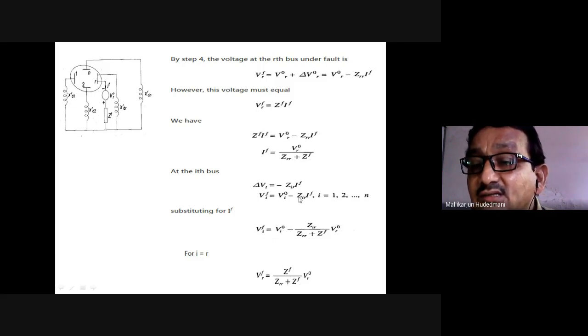Substituting IF, we got already that when there occurs a fault on the rth bus, the fault current IF is given by VR0 divided by ZRR plus ZF in the denominator. This value stands as the current magnitude, which I replace in this position of IF. Therefore, I will get VIF, the voltage at the ith bus after the occurrence of fault, equal to the voltage at that bus initially minus ZIR into the whole term V0R divided by ZRR plus ZF.